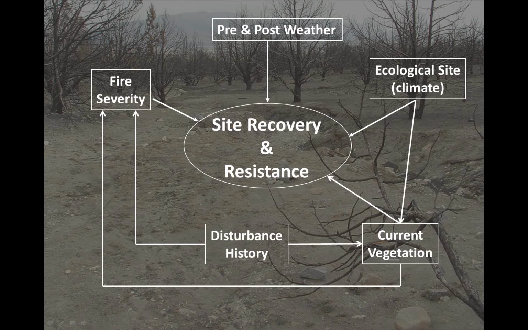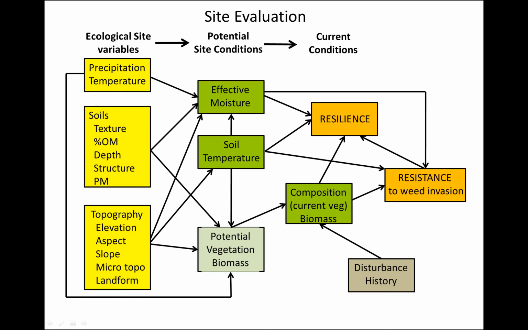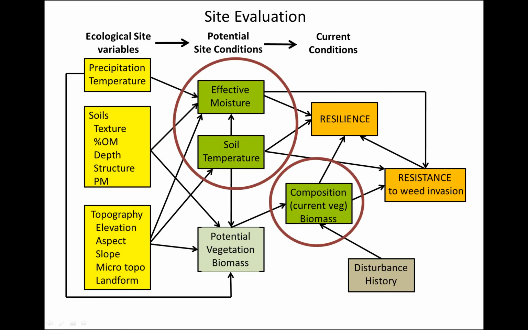And if you get into looking at the factors, I think the real key components are going to be really evaluating resilience and resistance on these sites. And we're fortunate that a lot of the ecological site characteristics that are currently being mapped really help us determine some of the key components in this site evaluation.